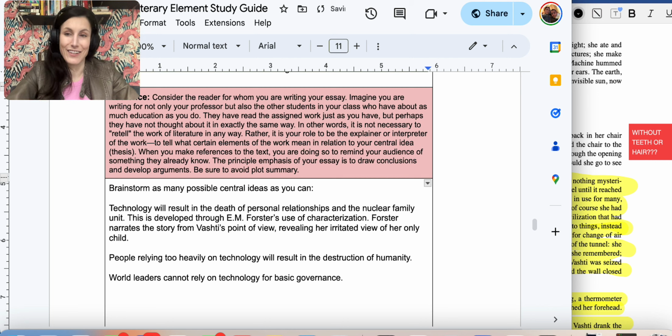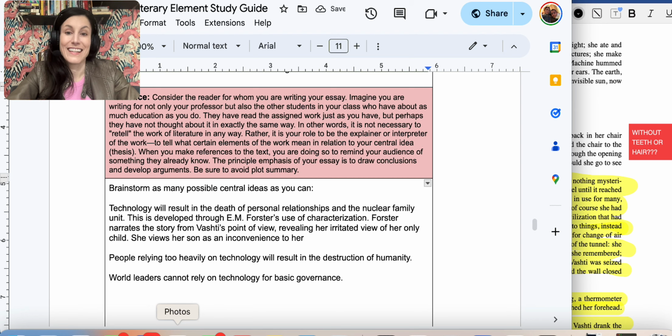I mean, that's not good, right? She views her son as an inconvenience to her.